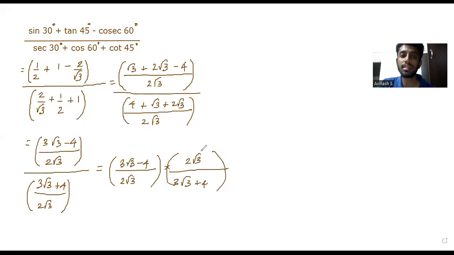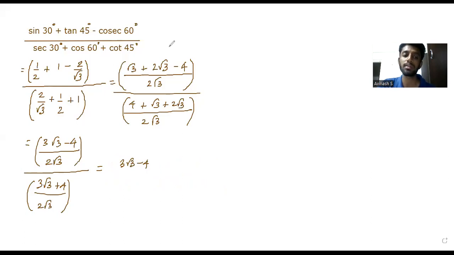Now you can very clearly see why these two are getting cancelled, 2 root 3 and 2 root 3. So we basically need not show this step. This step is just to make you understand how 2 root 3 and 2 root 3 are getting cancelled. So we can actually skip this step and directly cancel 2 root 3 and 2 root 3 here itself.